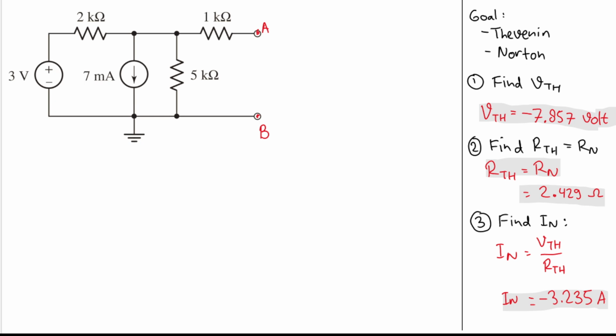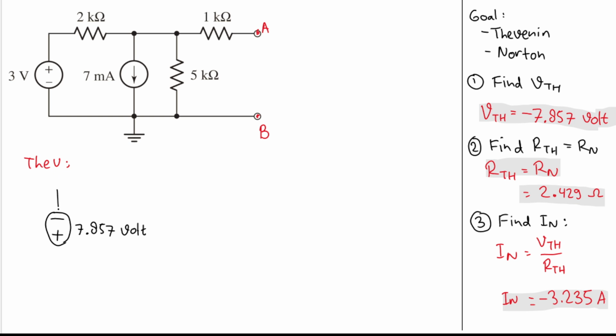So for the Thevenin equivalent, okay, let's draw the Thevenin. Remember that we have negative sign here, so the negative one will be in the top. So we'll have minus and plus here. So we don't need to write the negative sign again. So we'll have 7.857, and the unit here will be in volt.